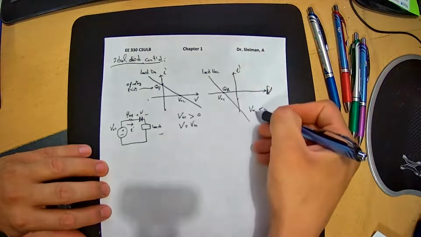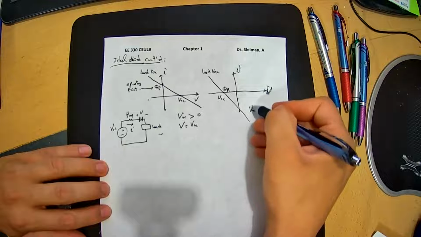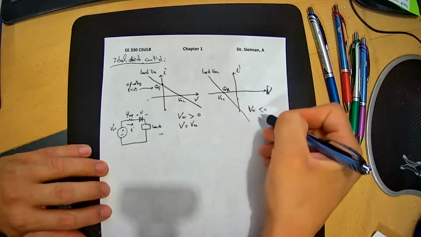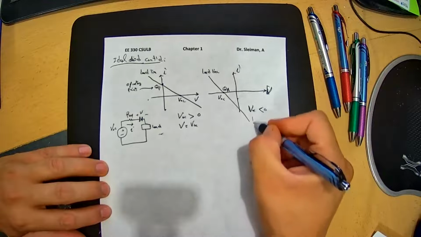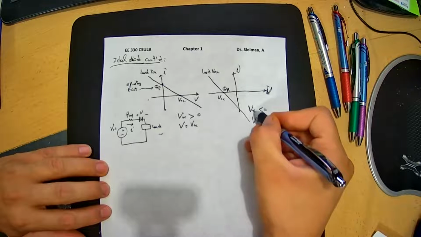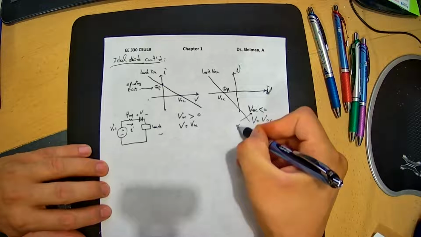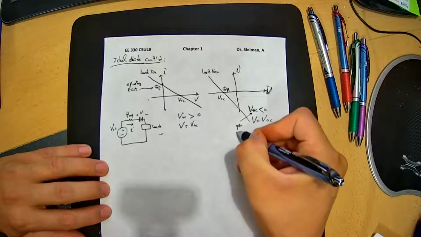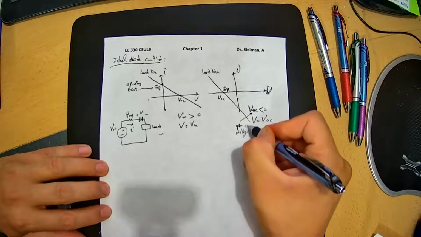So most likely the voltage source and the operating circuit will be less than 0. That means V is equal to VOC, where OC is for open circuit voltage.